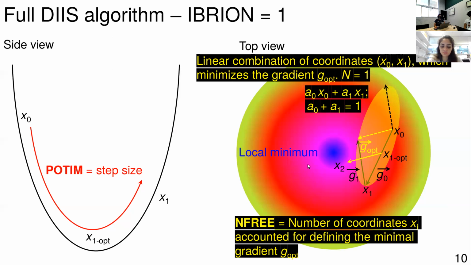Because if you are here, it's good because you will have all the directions or the gradients pointing more or less here. If you try, for instance, to apply this algorithm here, it may fail a lot. Think that you get all the points, all your space of coordinates that you are checking, in this line that is really far away from the local minimum.